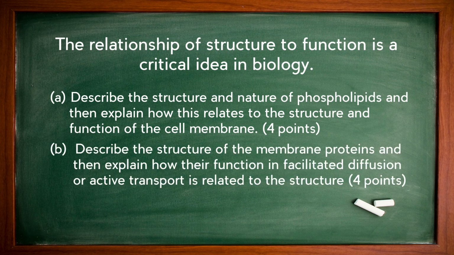And part B, describe the structure of the membrane proteins and then explain how their function in facilitated diffusion or active transport is related to their structure. And each portion of this question, A and B, is worth 4 points each.